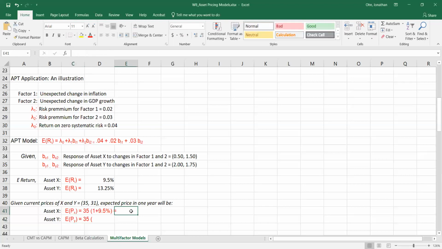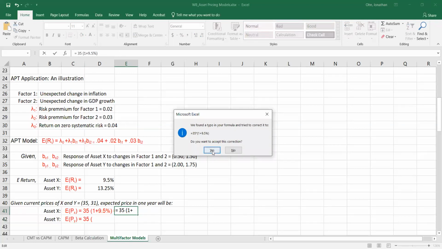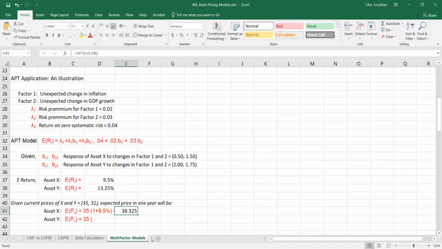If the expected return is 9.5%, you take 35 as the current price and multiply by 1 plus 9.5%, and that gives you $38.325. That is the price in one year.